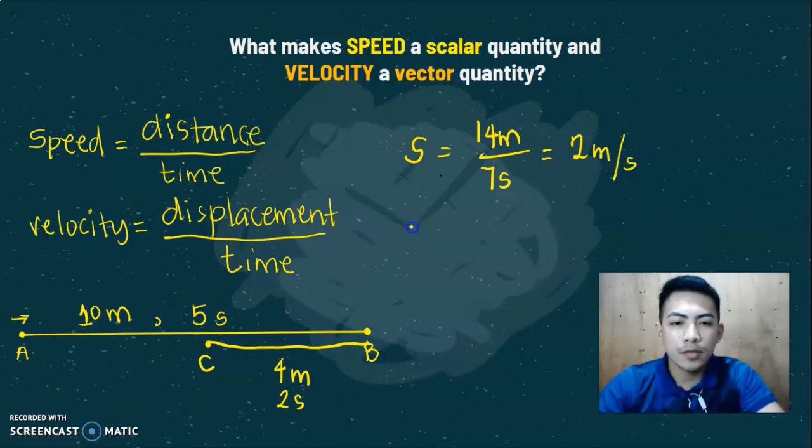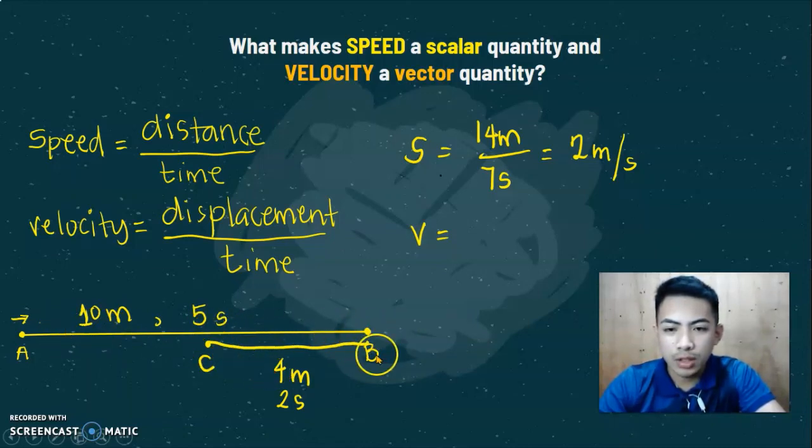But the answer for velocity will not be the same, because this time you will not consider displacement as the distance you cover from the starting point to the final point. In this case, as I have said before, the path from B to C is the same path as A to B or B to A, but here is where it stops.